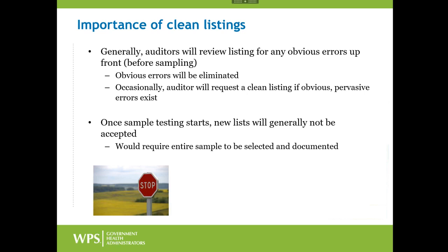Generally, whether it is with the S10 audits or any other audits, the auditors are going to review that listing, scan it, and try to find any obvious errors up front before they start the sampling, because it's much easier and more effective to eliminate those obvious errors that you don't even need detailed support for. It's much better to eliminate those up front, or perhaps they may request that you, the provider, submit a revised listing after cleaning it up, after they've pointed certain errors out to you.